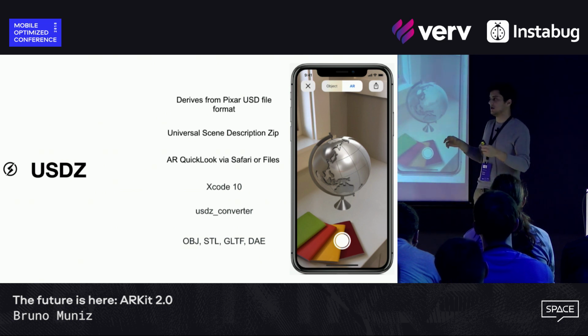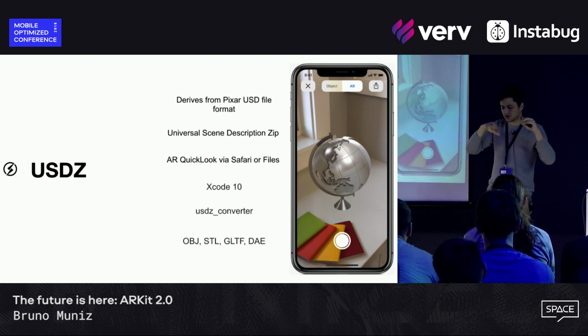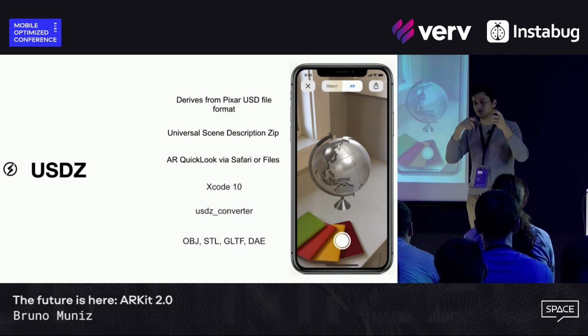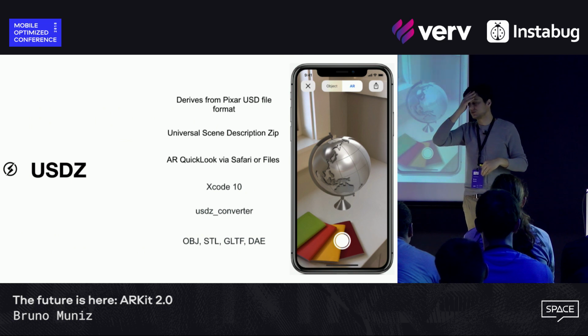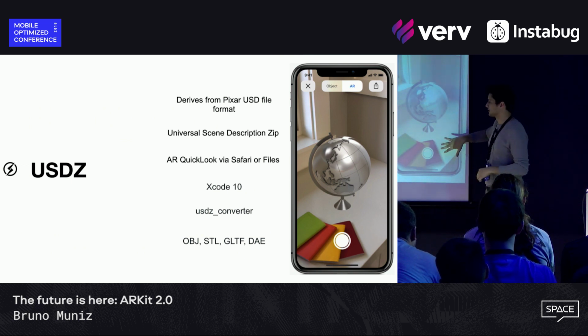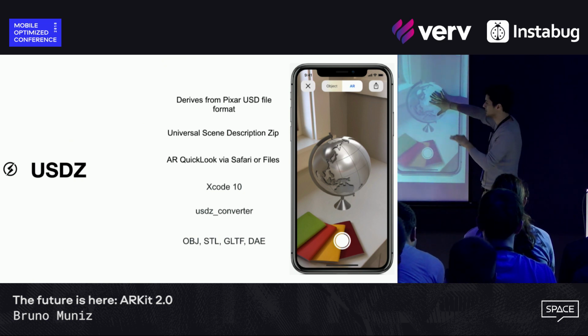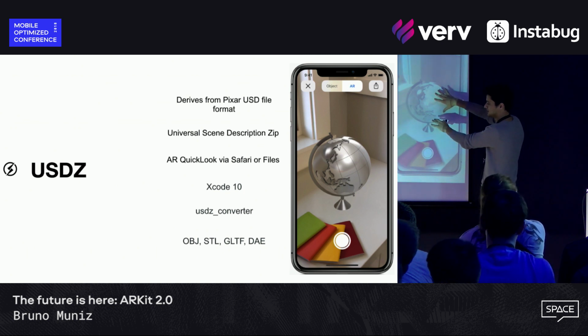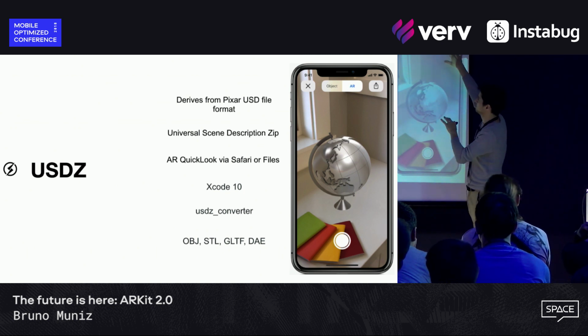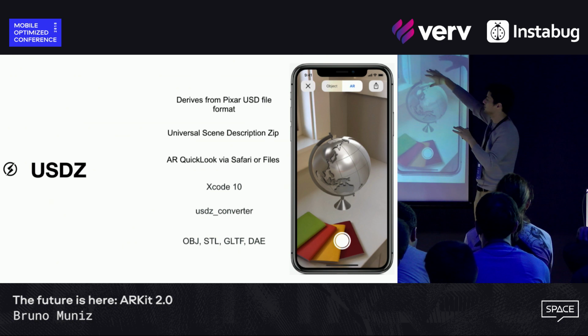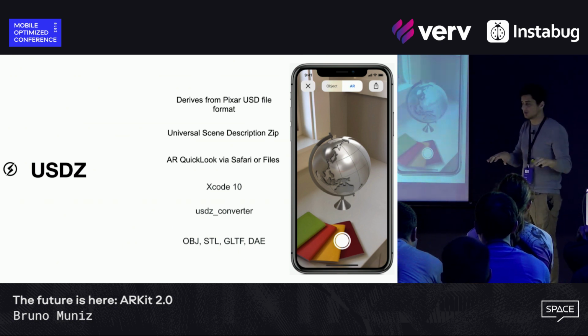By the way, you can also go to Apple's website on your Safari, and they have a list of USDZ files that you can check. This is a native screen. For example, nobody made this app here. Someone probably made this model, so someone made this USDZ file, but nobody made, for example, these buttons here, because this is a native thing from iOS 12 now.